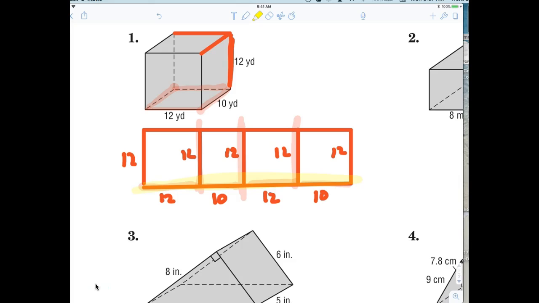It represents the perimeter. So the perimeter of the prism, the perimeter of the base. You with me? Right? Because that's what we just said. 12, 10, 12, 10, going around. That represents the what? The perimeter.